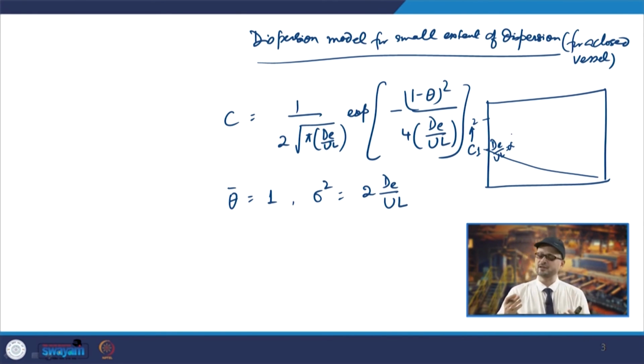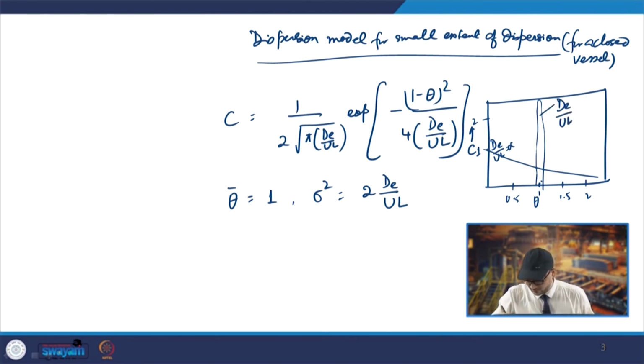Now, if you have the plug flow, in this case this is theta: 0.5, 1, 1.5 and 2. In the case of plug flow, as you know, it will move like this, where d by ul is 0, so there is no dispersion. However, you will have curves coming like this.